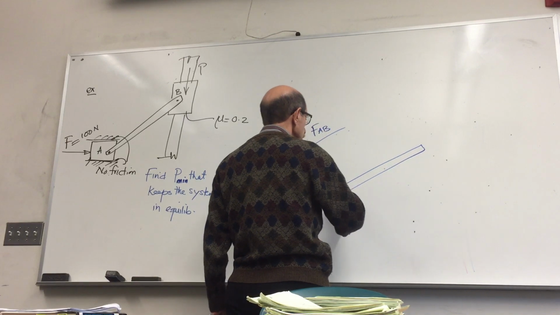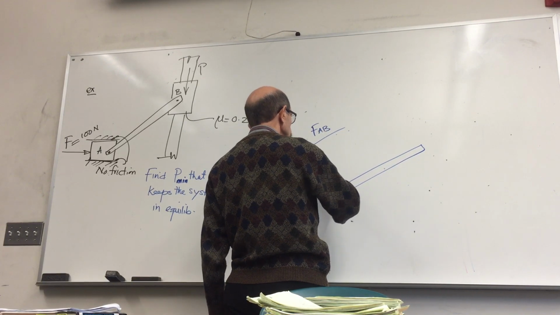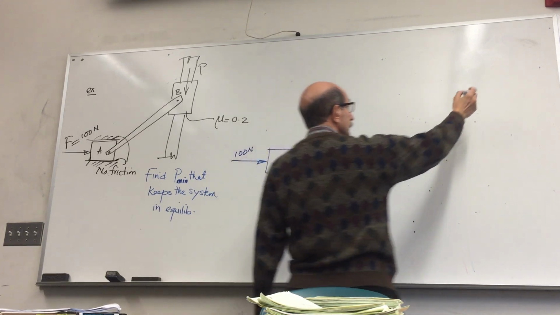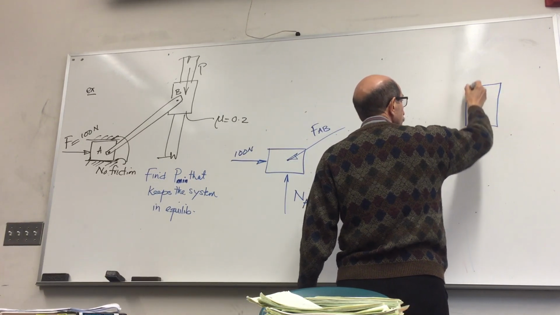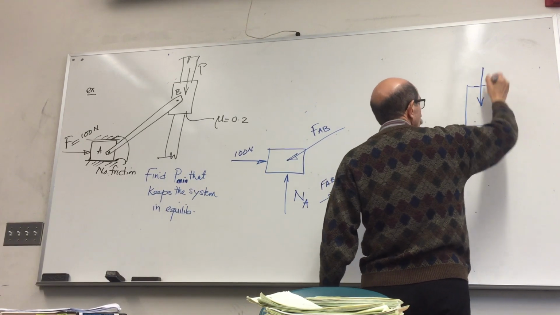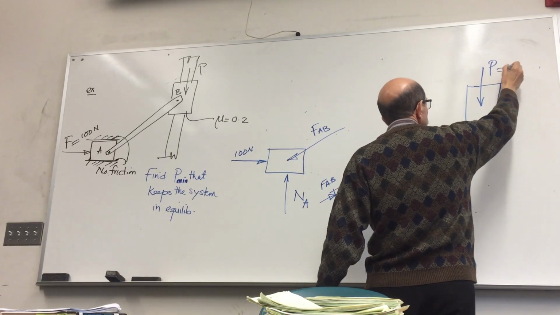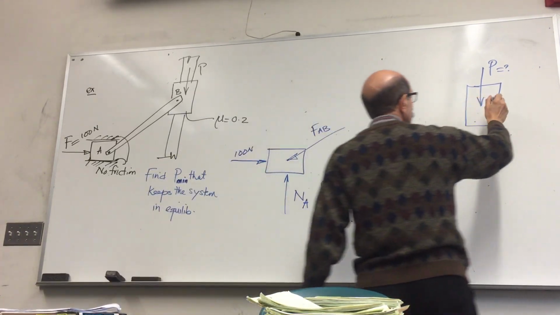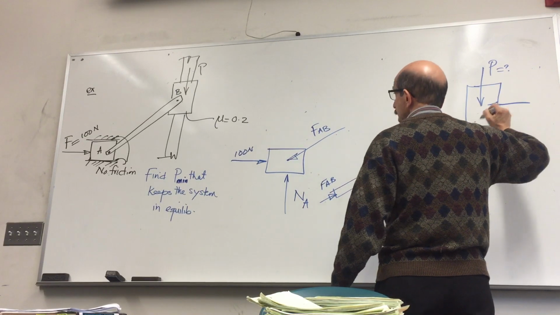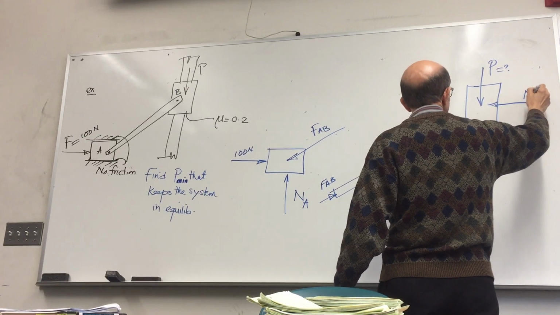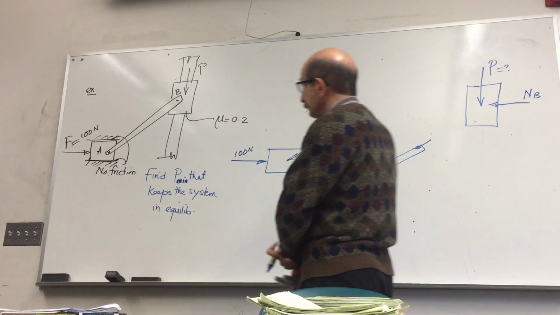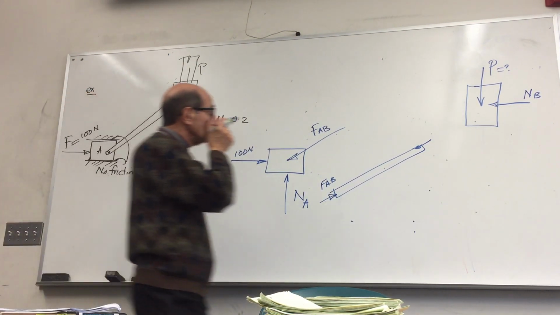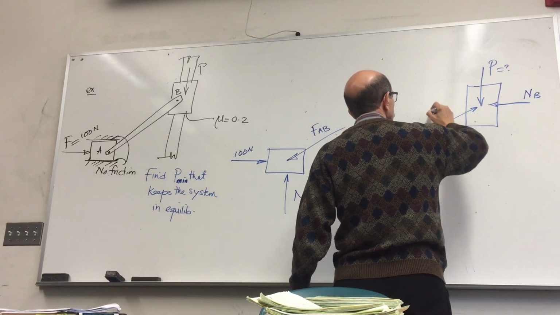Obviously, this AB is a two-force member, so we have forces like this. And then we have this piece subjected to the force P that you want to find, and obviously a normal load N_B, and this, of course, force F_AB.